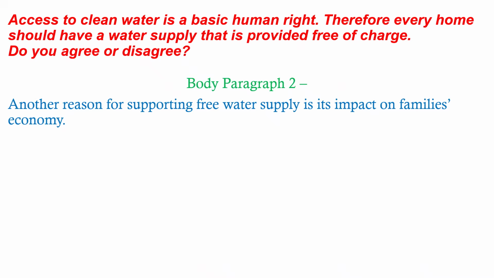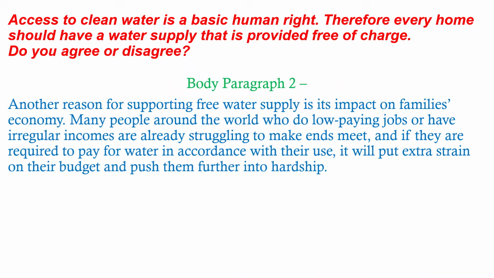So we'll see many people around the world who do low paying jobs or have irregular incomes are already struggling to make ends meet, and if they are required to pay for water in accordance with their use, it will put extra strain on their budget and push them further into hardship.